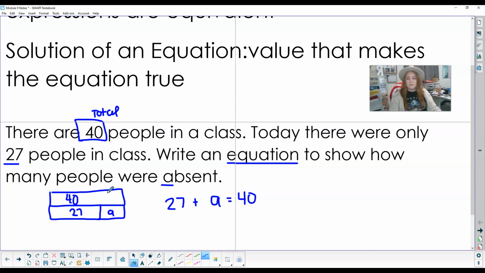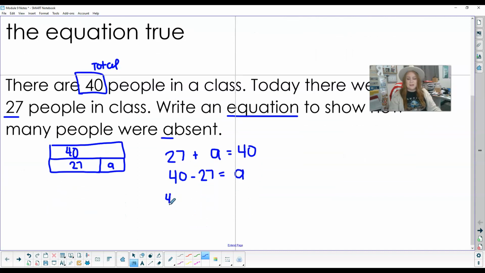Or I could make this a subtraction problem. The opposite of add is subtract. So every equation can be written in two different ways. They're just the opposites of each other. I could also say 40 minus 27. If I take away the 27 people that were there, that should equal the people that are absent.